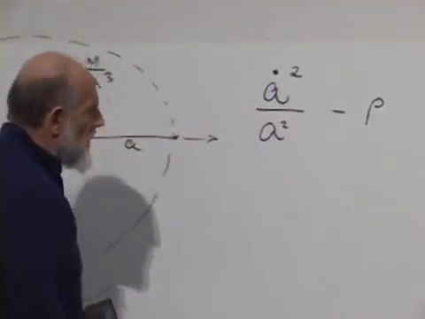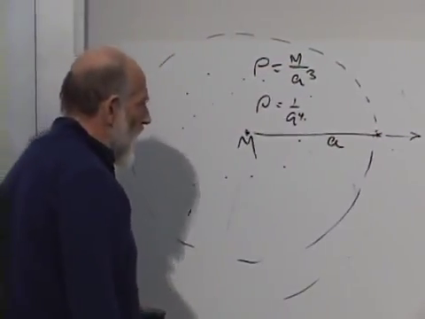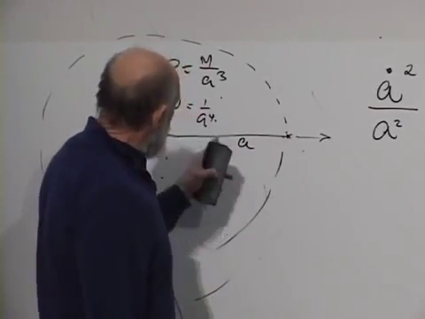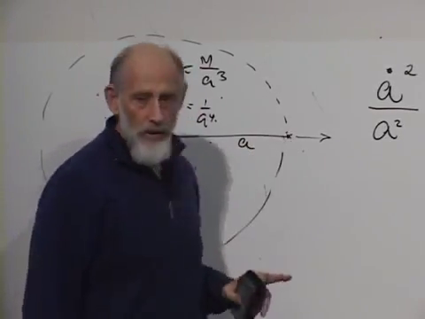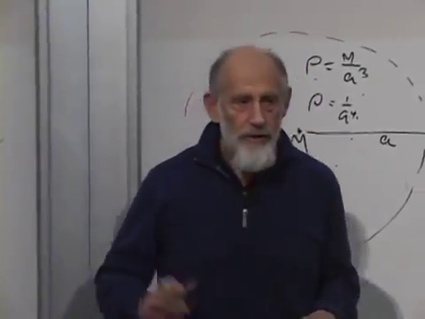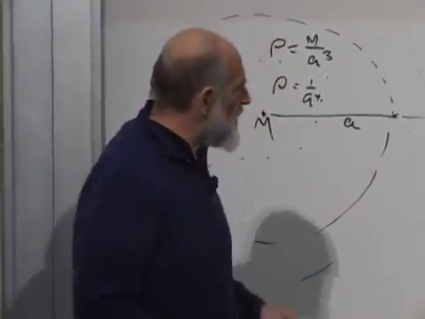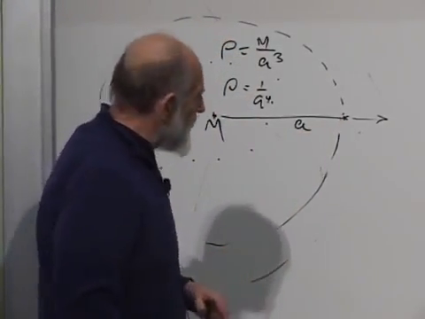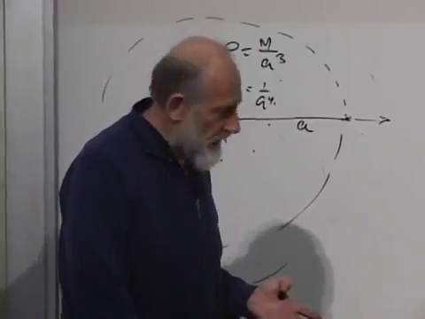But then there was another term on the right-hand side which we set to 0. It had to do with what the energy of the outgoing particle was. The energy could be greater than 0, less than 0, or equal to 0. The case that we studied was the case where you're right at the escape velocity.